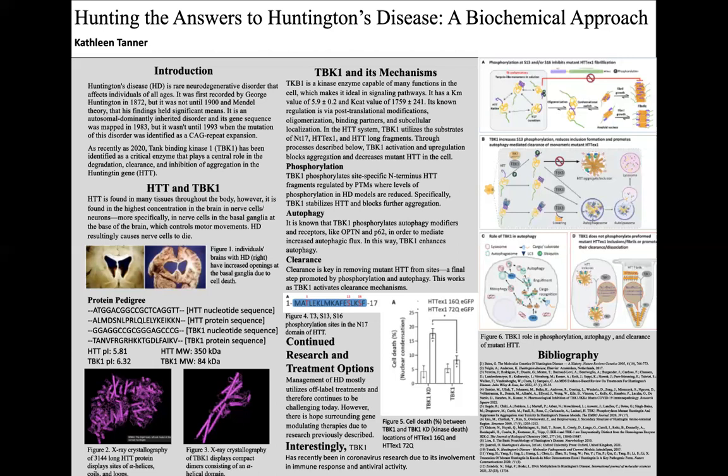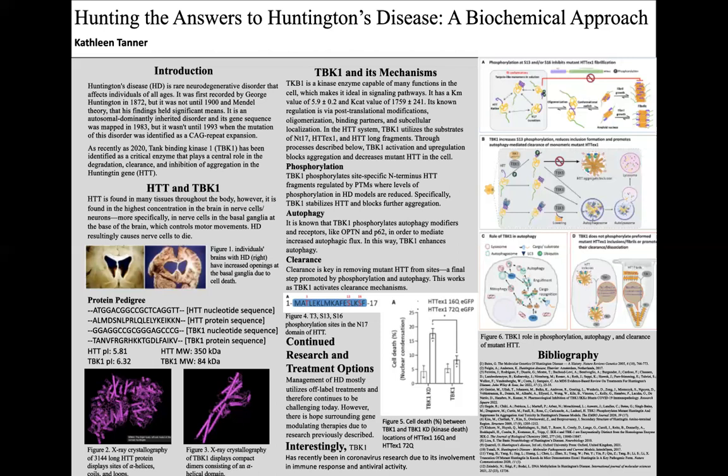And today, management of Huntington's disease remains challenging, and in most cases, utilizes off-label treatments. The only drugs that are US Food and Drug Administration approved for Huntington's disease right now are tetrabenazine and deutetrabenazine, which are used to treat chorea.